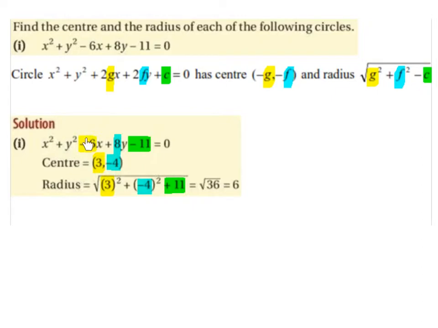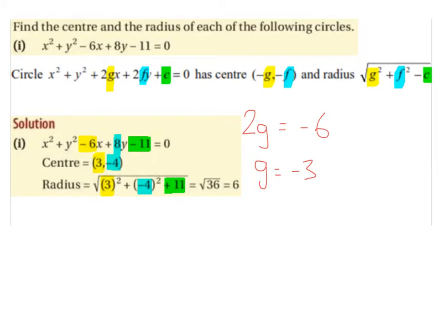So minus 6 is equal to 2g. So therefore g is going to be minus 6 divided by 2, which is minus 3. So if g is minus 3, then minus g is going to be plus 3. So the x coordinate of the centre of our circle is 3.